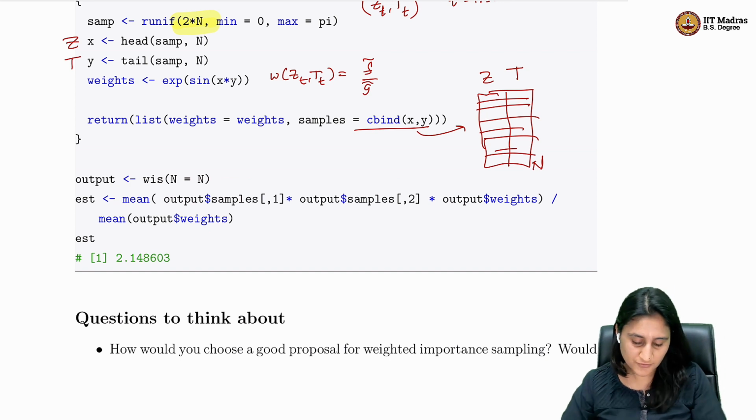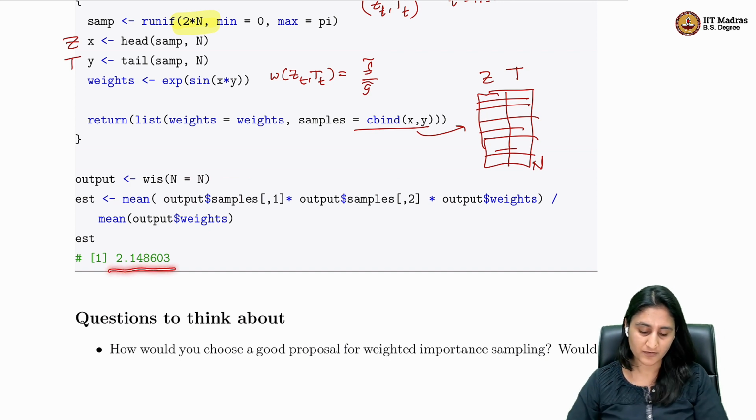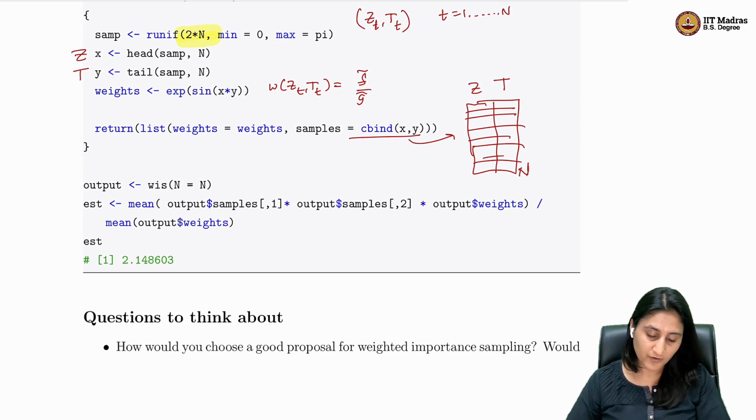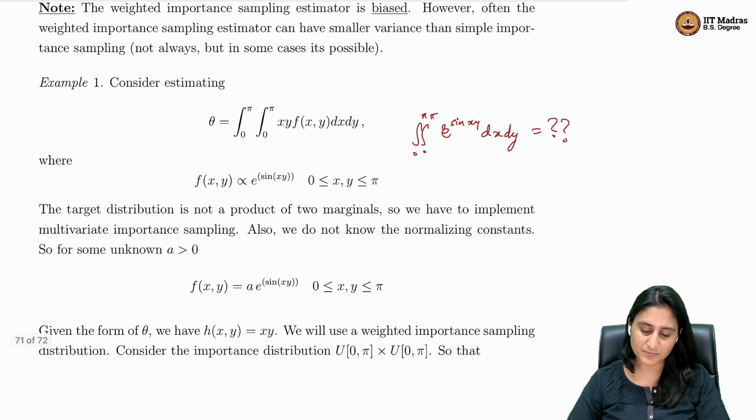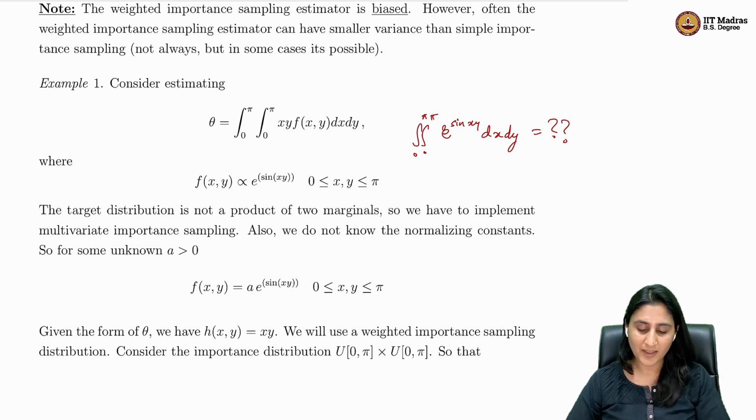When I take an average of that, it turns out to be 2.148. So my estimate of this particular integral of e to the power xy, f of x comma y, is 2.15 essentially.